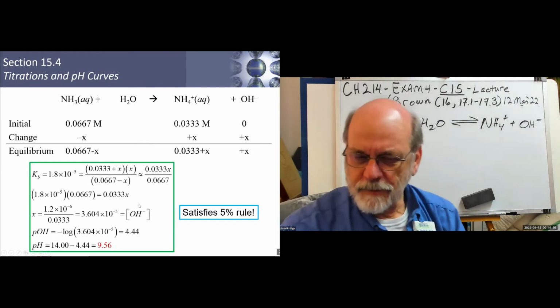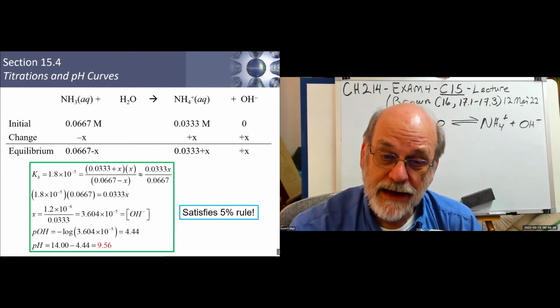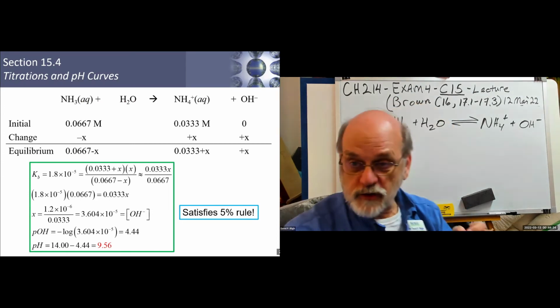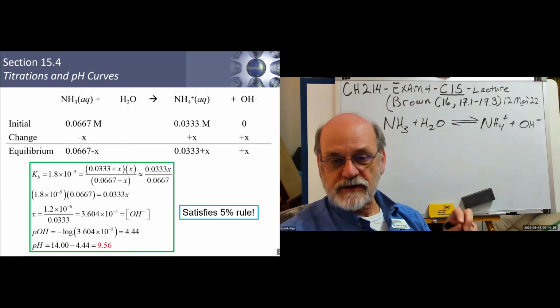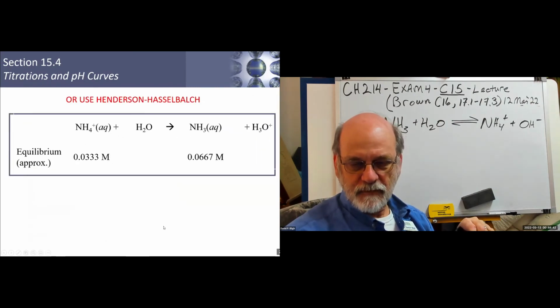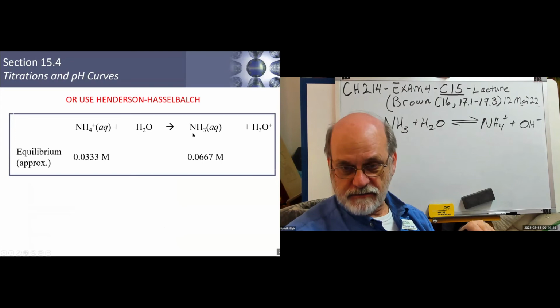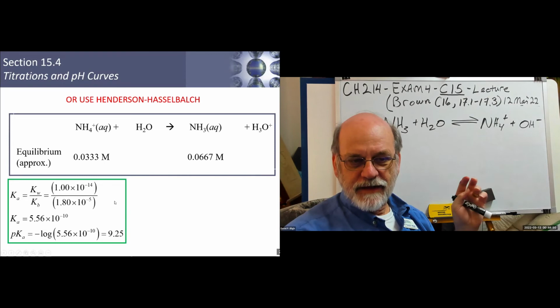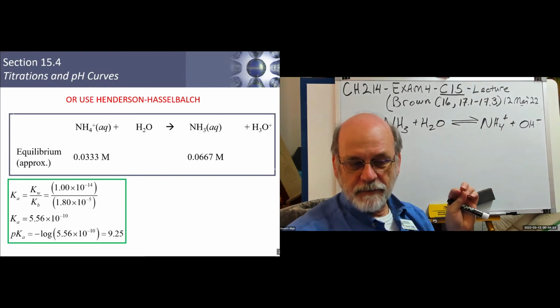So how would we use the Henderson-Hasselbalch equation in this case? Because Henderson-Hasselbalch was written for weak acids, and this is a weak base buffer type. Well, let's see. If we start off with this arrangement like we did before, then we know that the KB is this one. The Ka would be this value, right?